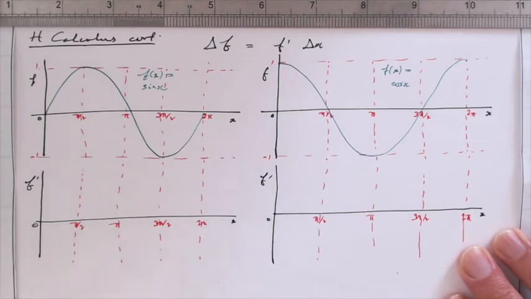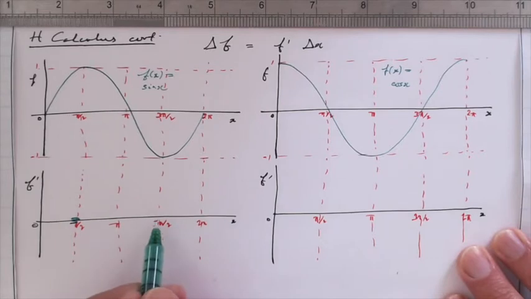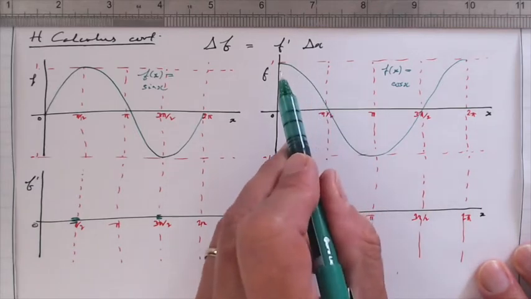So in the spirit of our Gedanken graphs here, around this maximum we expect the derivative to be around 0, and the same will be true around this minimum. We can use that immediately over here with cosine.